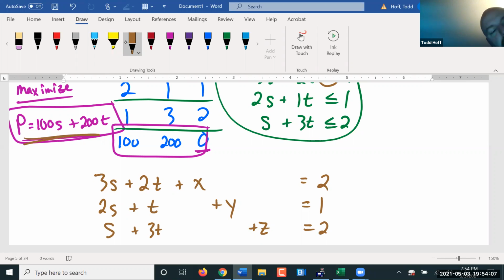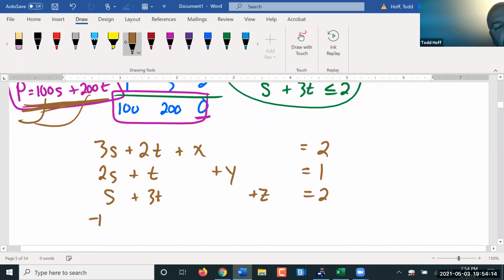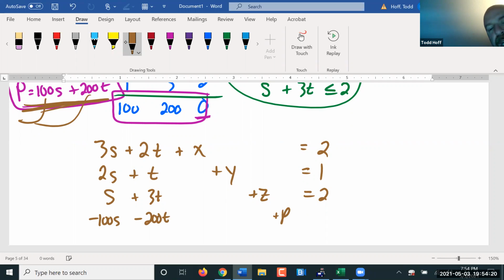And then for my objective function, I move everything over to the left side, so that's negative 100s, negative 200t, plus p equals 0. So I fill in my zeros here.